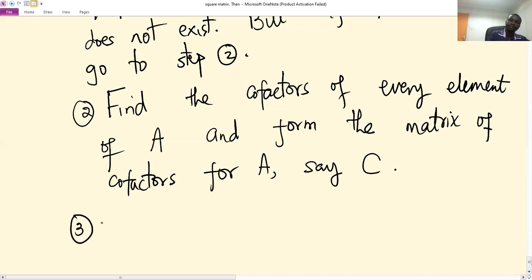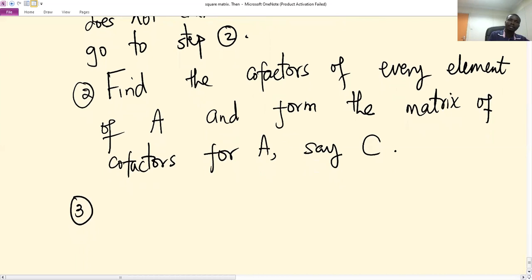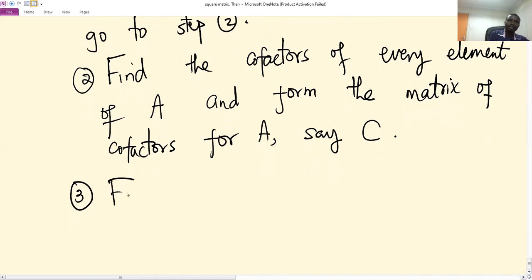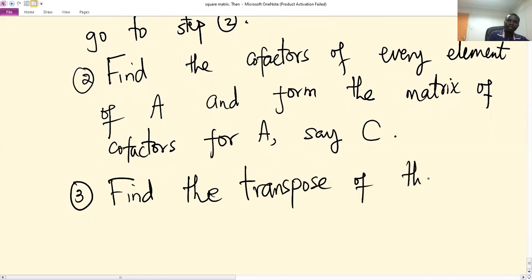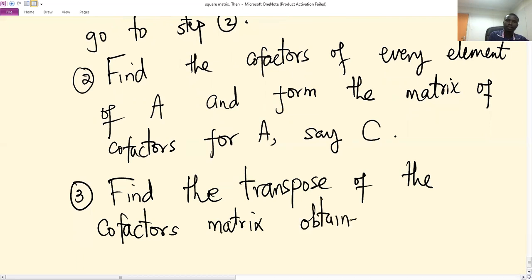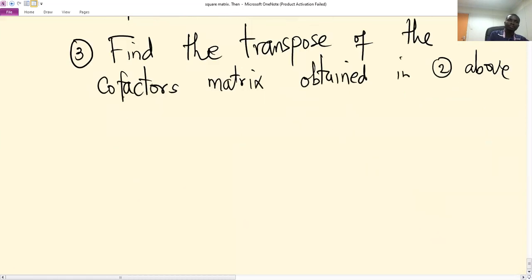And then number 3, once you have the matrix of cofactors, find the transpose of the cofactor matrix obtained in 2 above to form the adjoint matrix.